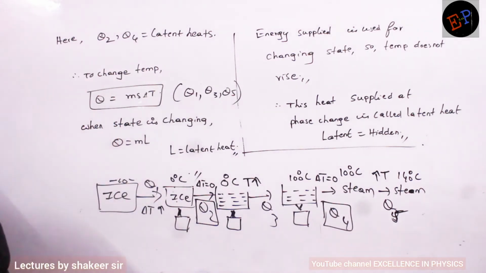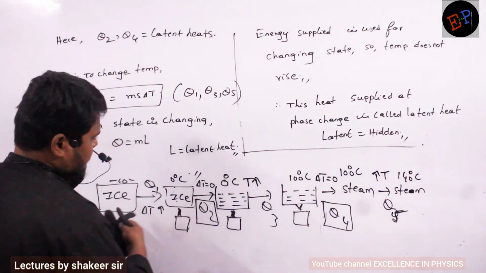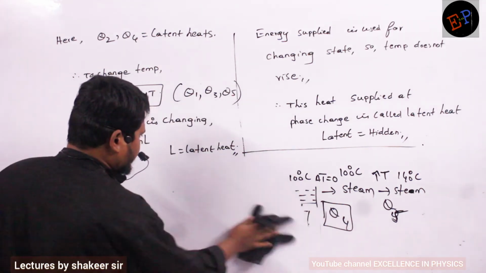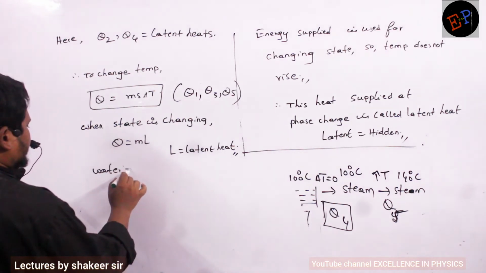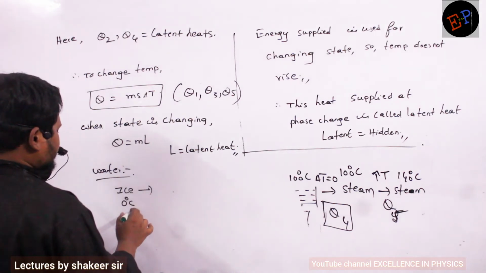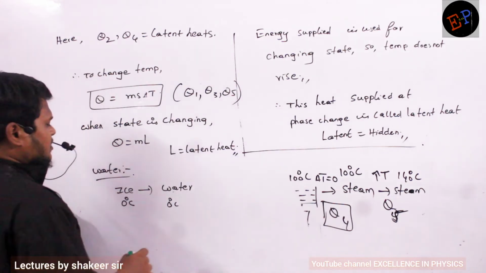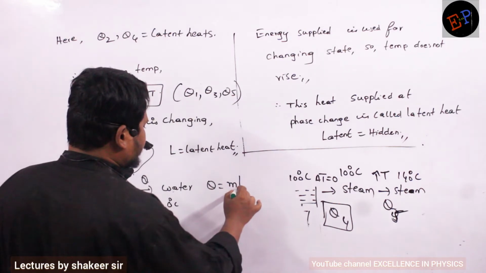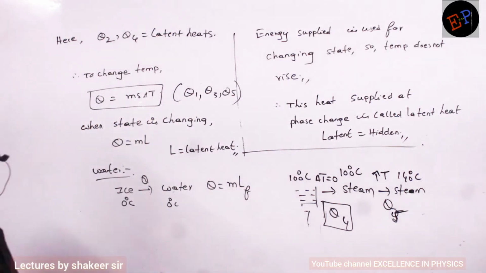Now we will write values for water. For water, when ice at 0 degrees Celsius converts into water at 0 degrees Celsius, the amount of heat energy we have to supply is called M L fusion.